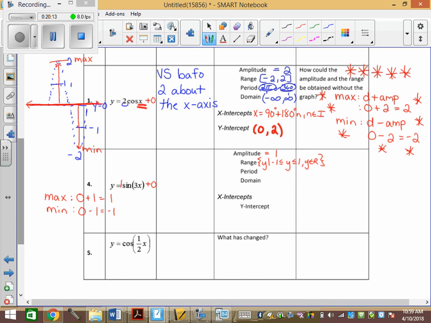What's the period of this graph? We do it in radians. 2 pi over 3. What's my domain? x is an element of the real numbers. For the first box, what's my transformations?